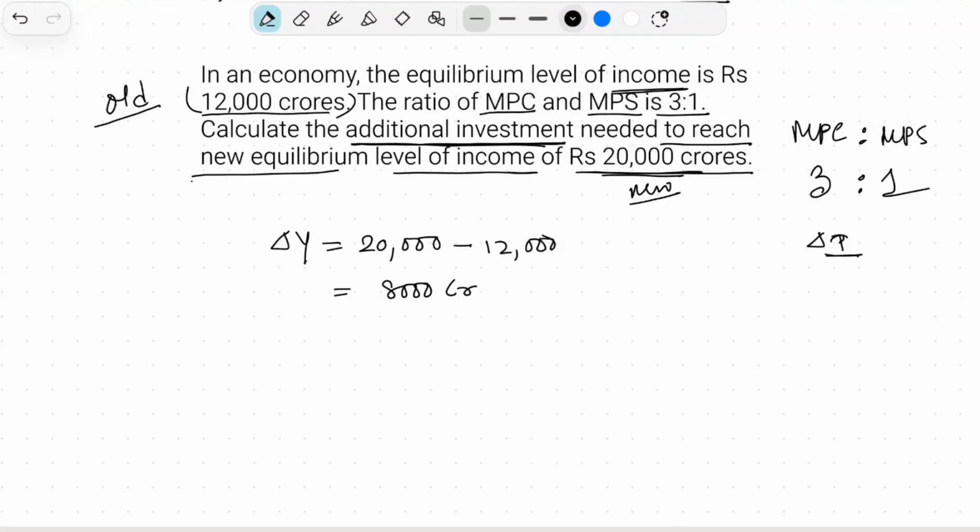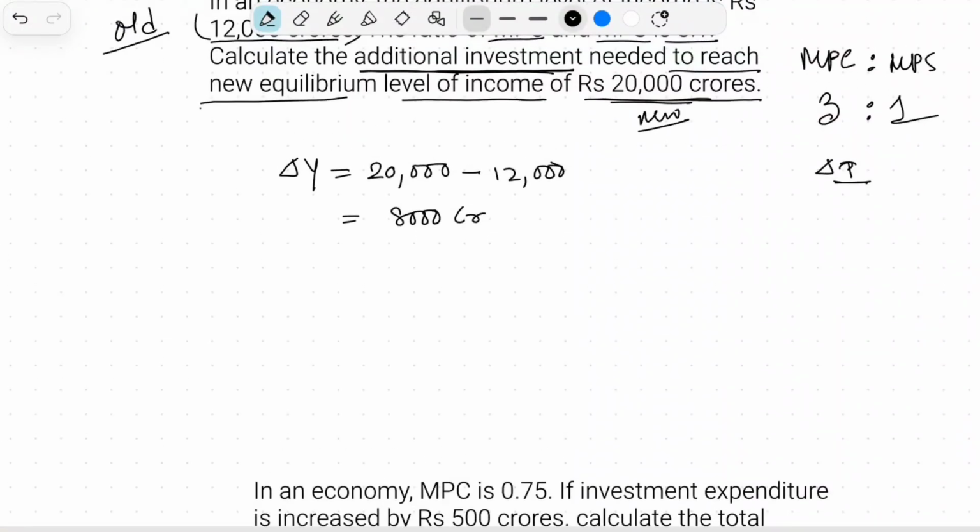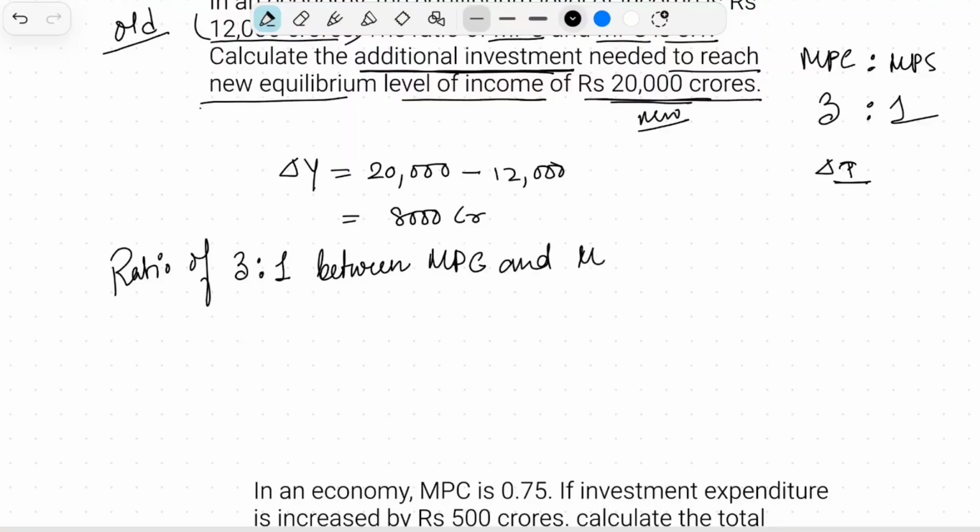Next, we can write that the ratio of 3:1 between MPC and MPS signifies, can I write MPC is equal to 3/4?